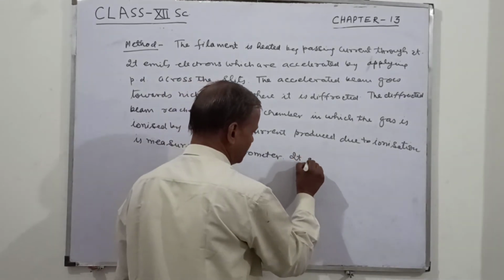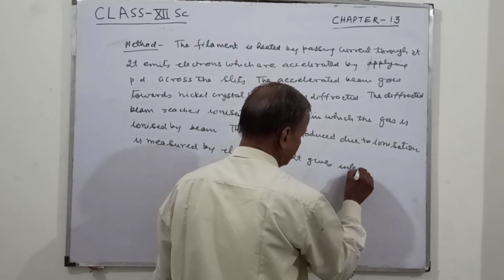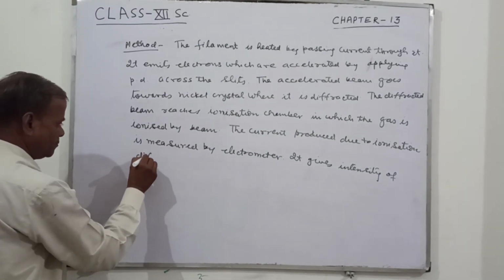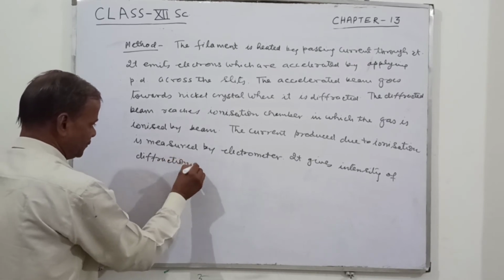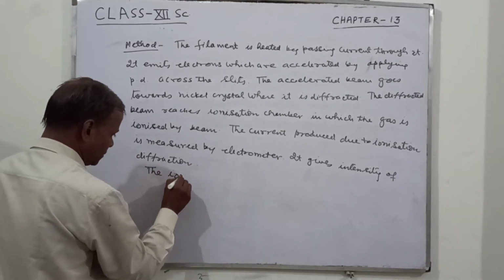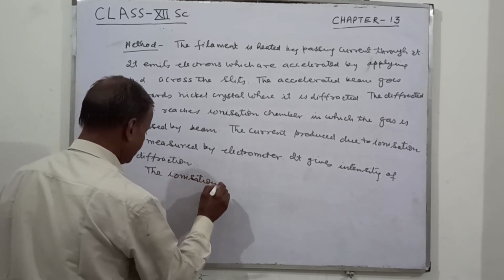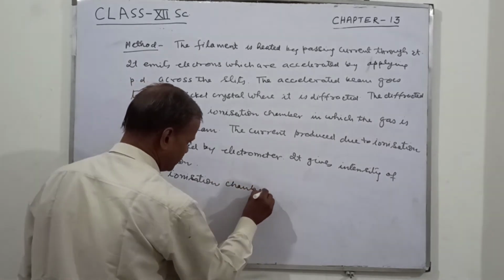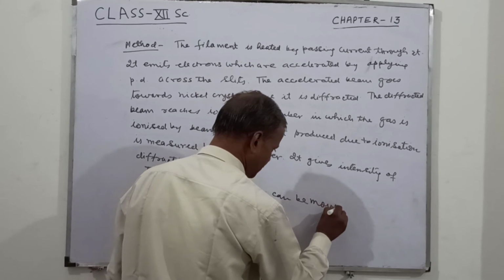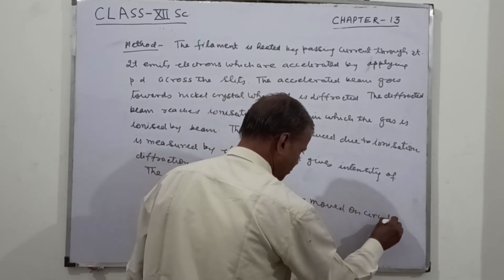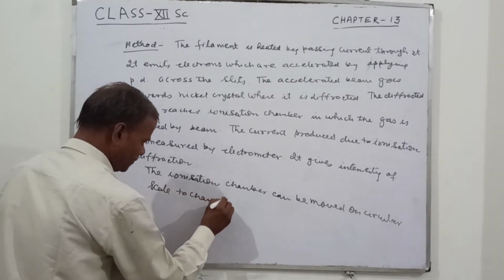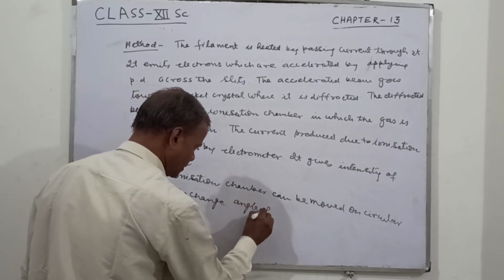It gives the intensity of diffraction. The ionization chamber can be moved on the circular scale to change the angle of diffraction.